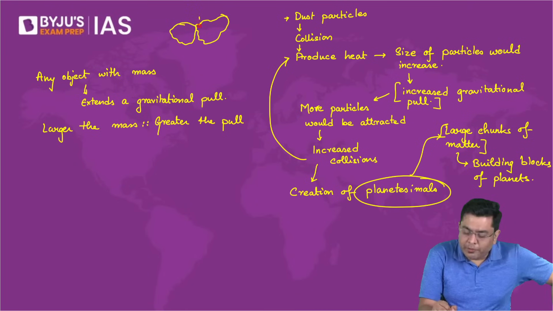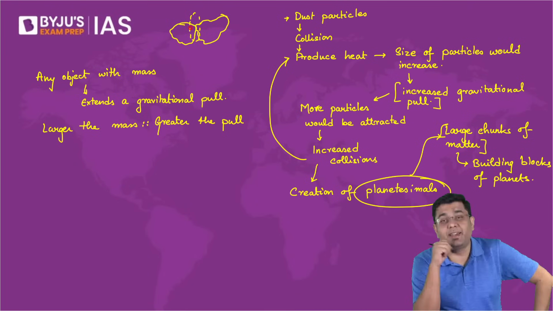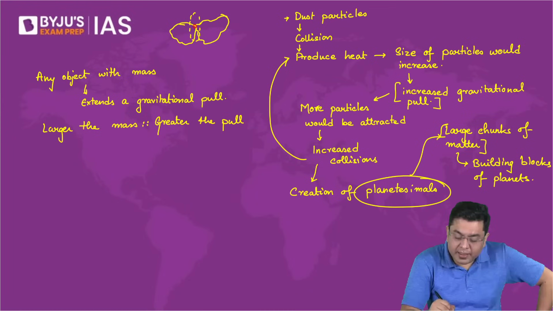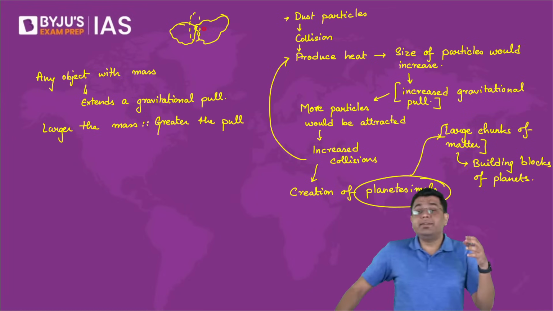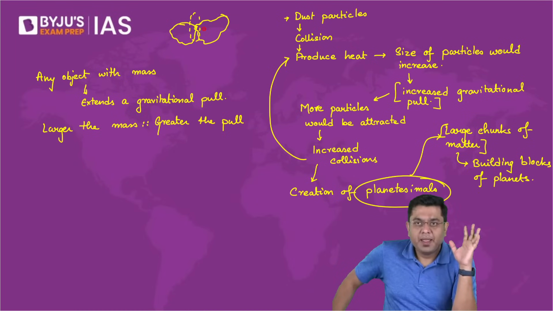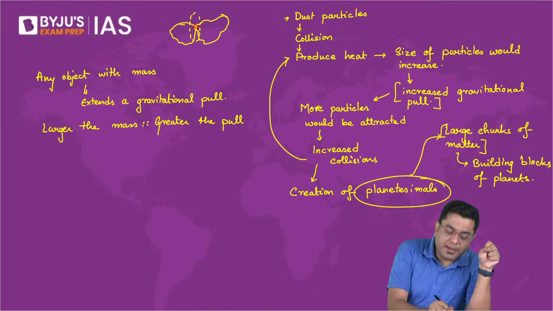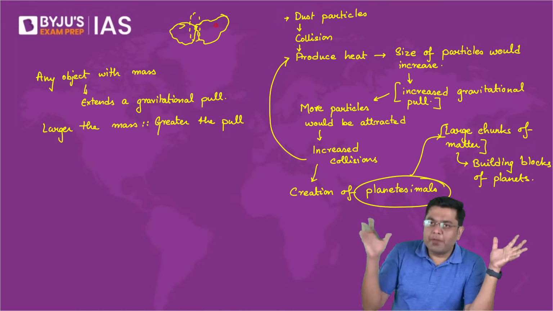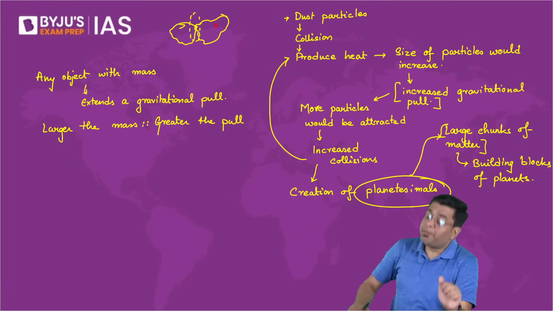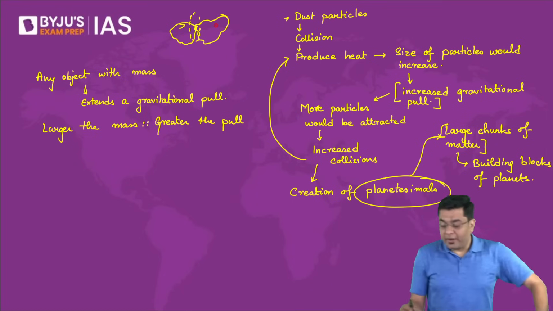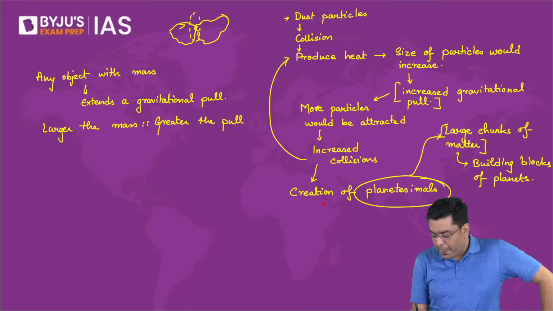At this point of contact, the heat produced would be so significant that the materials here would not only get liquefied, in certain cases they would also get vaporized. And then these two planetesimals would make up a larger chunk. So these planetesimals also underwent collisions.